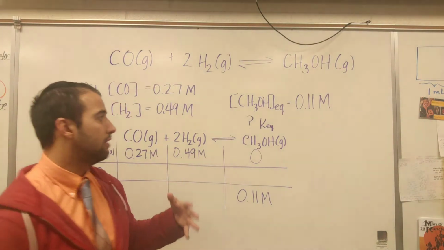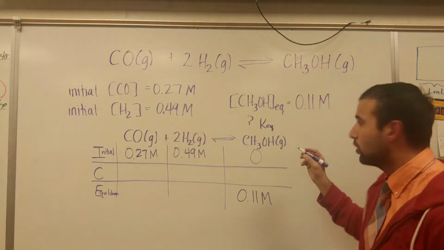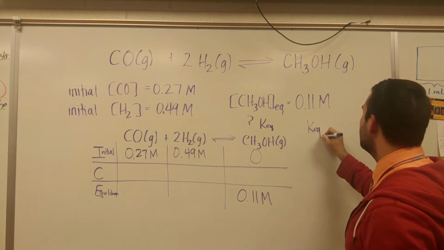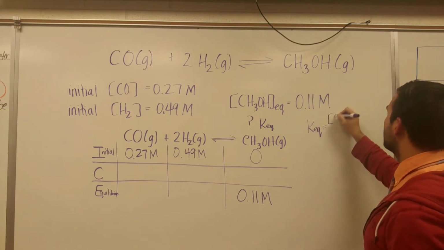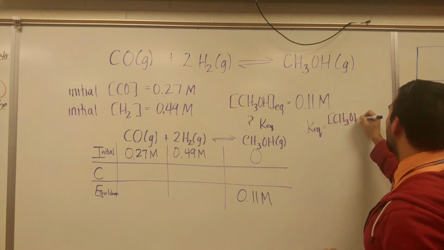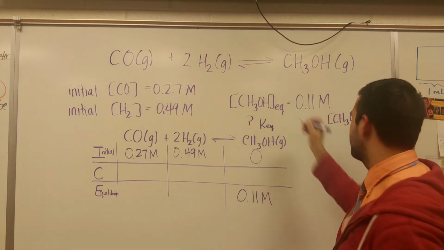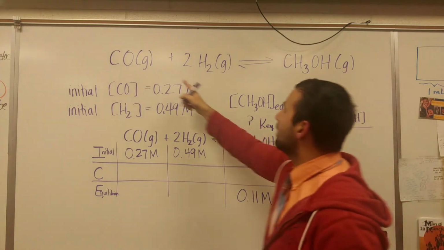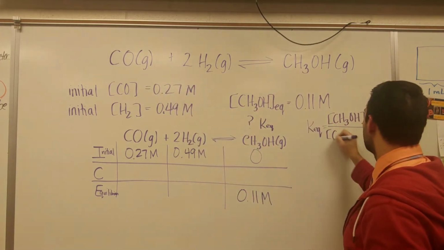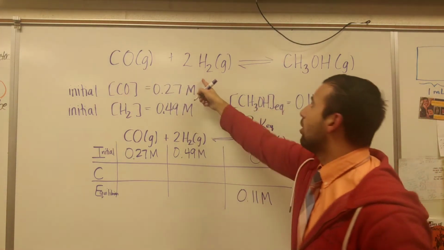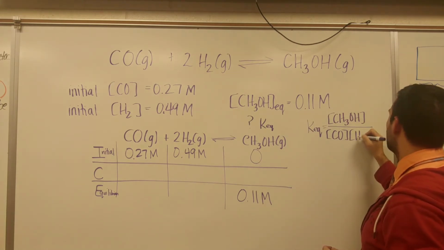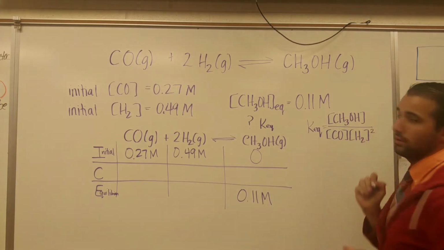By the way, in the very end, I'm just going to write my KEQ expression on the side here. KEQ is equal to the concentration of my CH3OH, and it has a stoichiometric coefficient of 1, so I don't need to write an exponent, over CO multiplied by H2 squared, right?